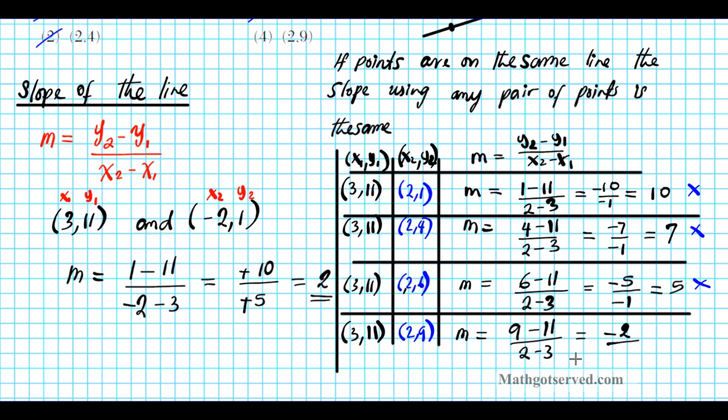And then 2 minus 3 is negative 1. Minus over minus is plus. 2 over 1 is 2. Excellent. That's exactly what we want. Since the slope is the same as the slope of the line with these 2 points, that means (2, 9) is also on the line that contains these 2 points. So our answer is option number 4.